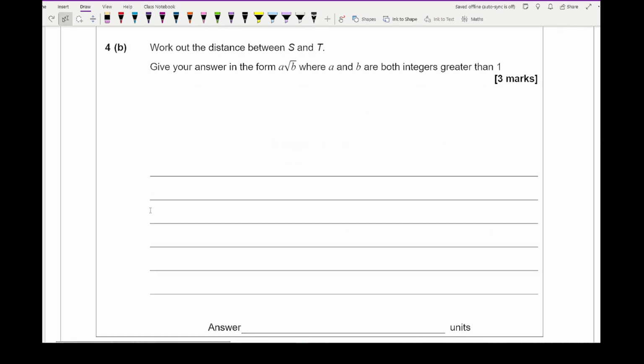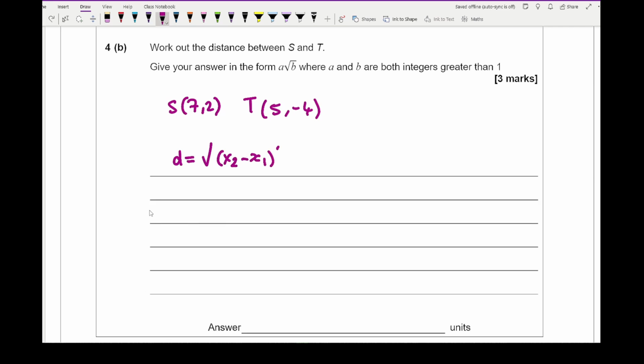Then moving on to question 4b, it says work out the distance between S and T. Give your answer in the form of a root b, where a and b are both integers greater than 1. So if I write down the coordinates again, I've got S at 7, 2, and I've got T at 5, -4. And what we need to do is use the formula for the distance between two coordinates as the square root of x2 minus x1 squared plus y2 minus y1 squared.